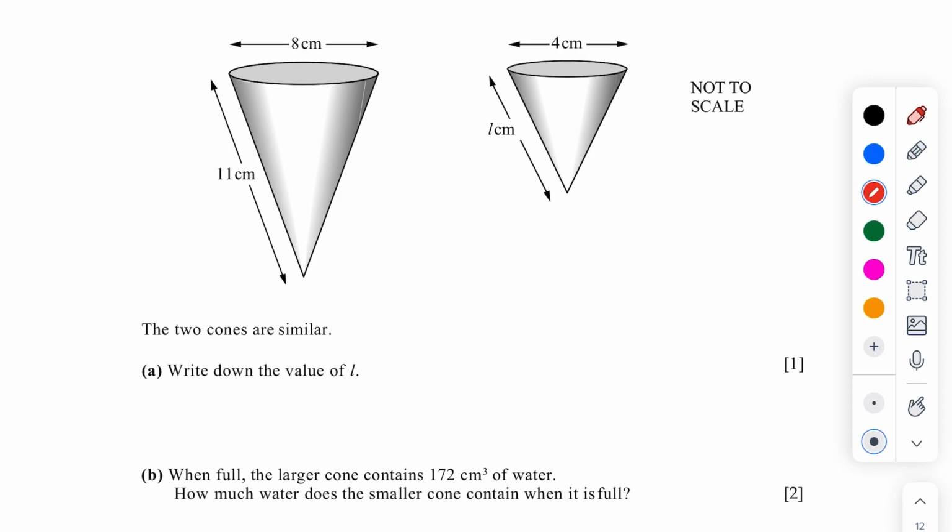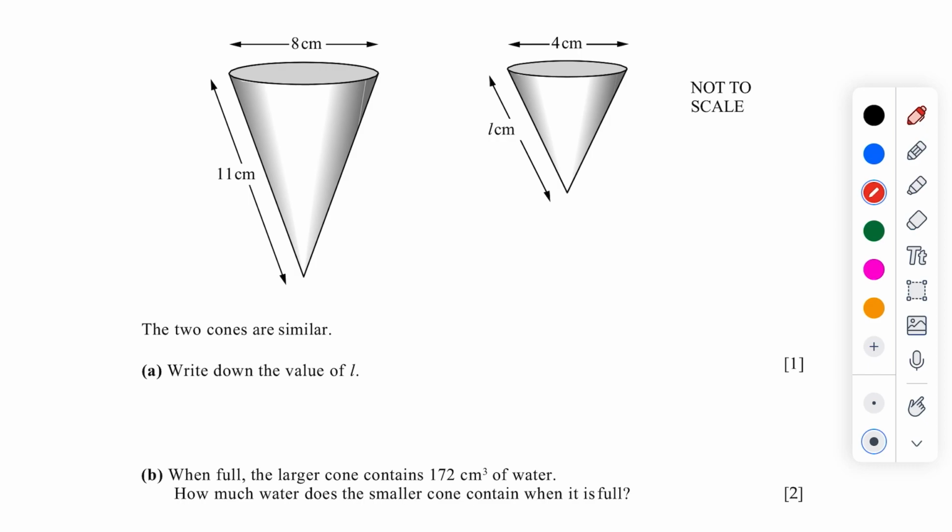Question number 14. Two cones are similar. Find the value of L. Whenever they are similar, the ratio of their corresponding sides is going to be the same. It is not about volume over here, it is about the sides. So I take slant height by slant height equals the diameter by diameter.